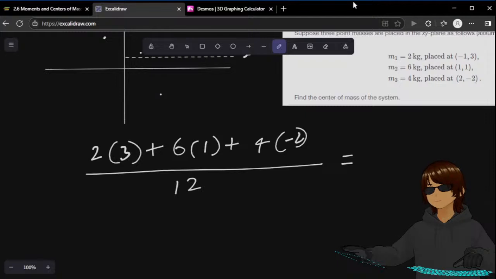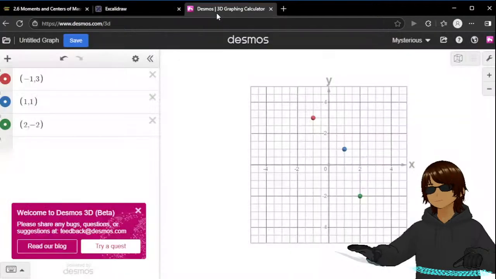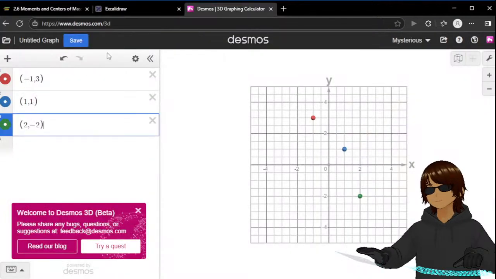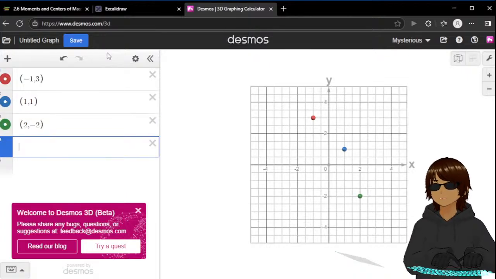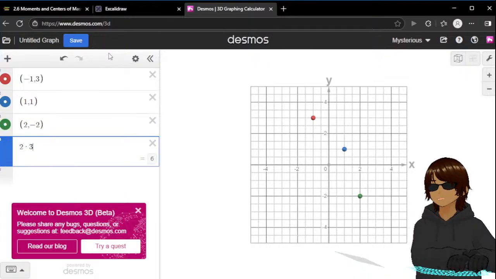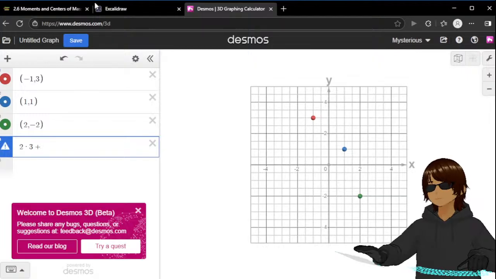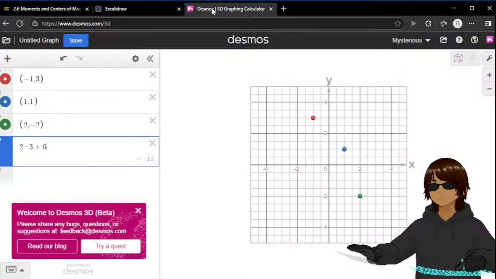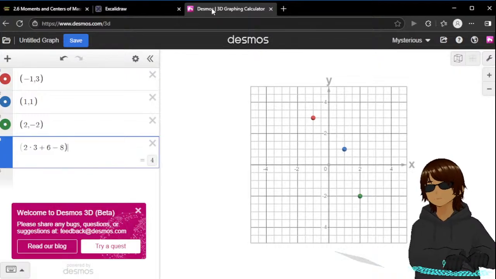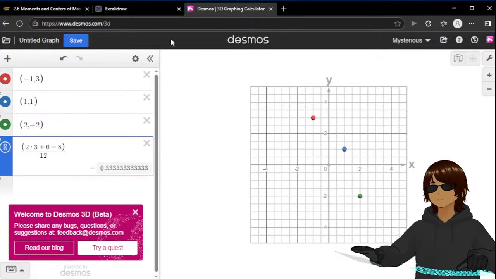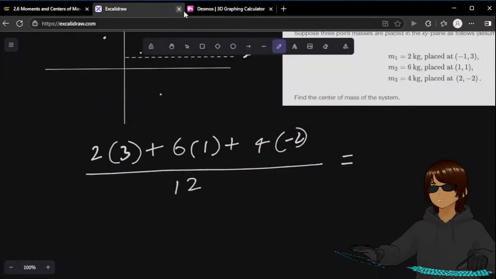Then 2 times 3 plus 6 minus 8. Divide all of that by 12. 0.3333. Is that correct?